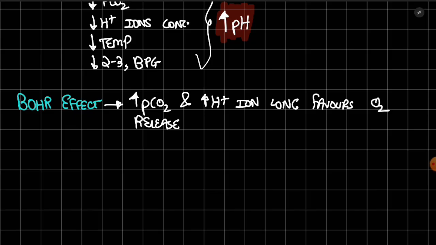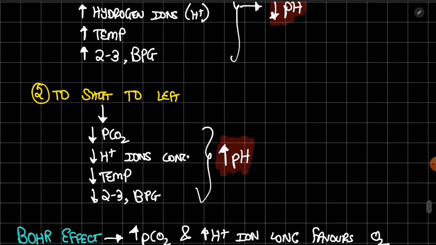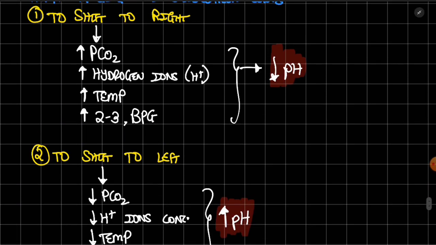Now there's one question. If a person is exercising, what will the body prefer, to shift the curve to right or shift to left? Yes, you're right, the shift will be to the right. Why?